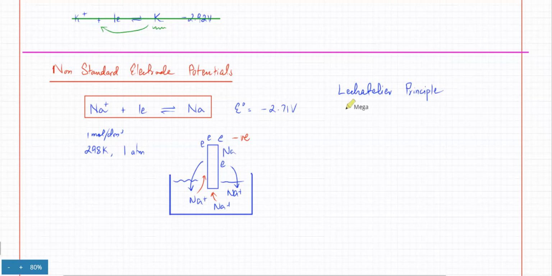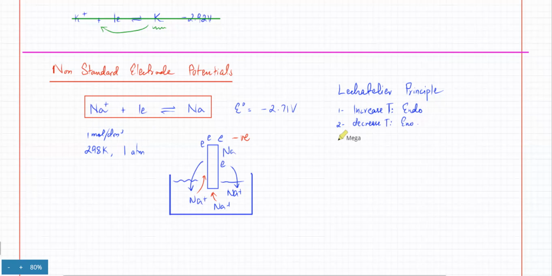Number one is that if you increase temperature, endothermic reaction is going to be favored. Number two is if you do the opposite, if you decrease temperature, then always exothermic reaction is going to be favored.